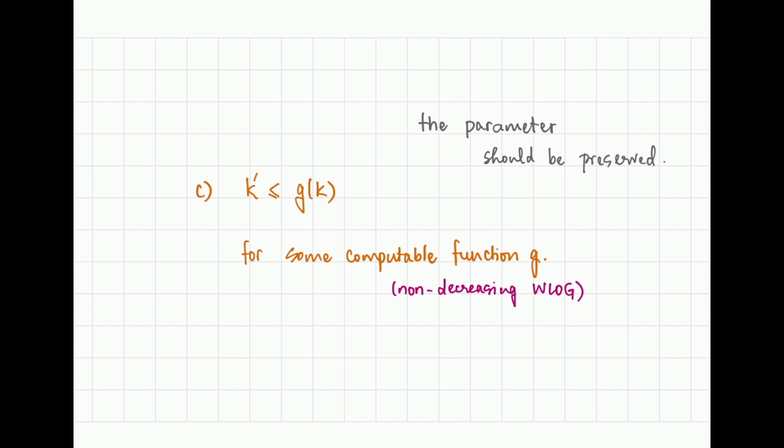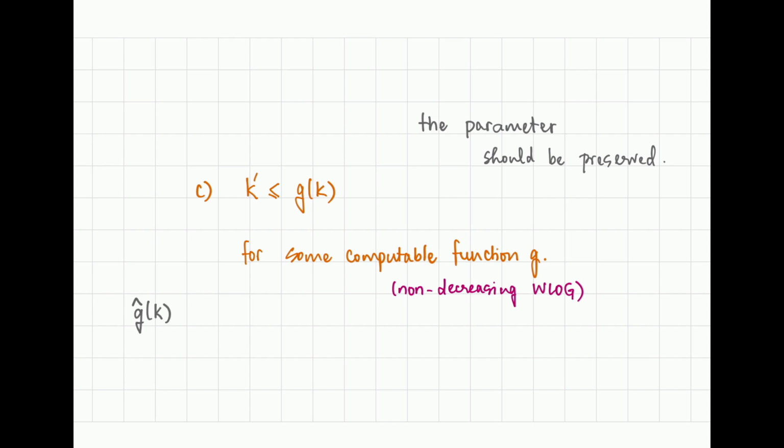There's a small technical remark here which you don't have to worry about so much, but we're going to say that this function that establishes the bound on k' is a non-decreasing function. You could either demand this in the definition itself, or you could actually say that this is without loss of generality. So why is that? Well, suppose g is some arbitrary function which is not necessarily non-decreasing. You can use g to define this other auxiliary function which I'm calling ĝ over here.